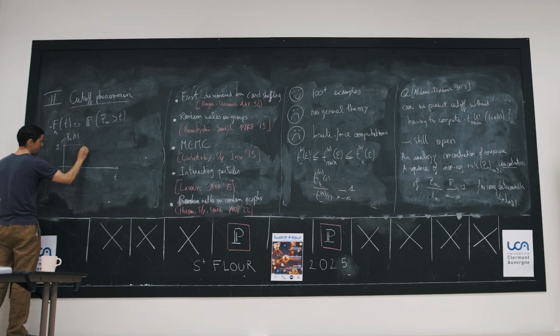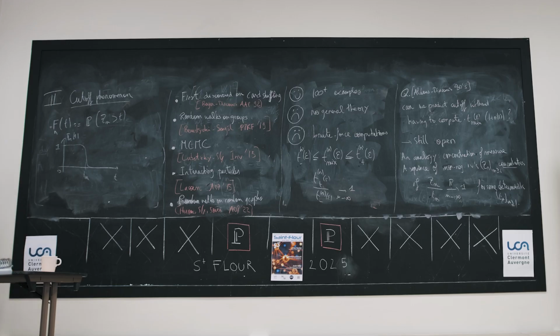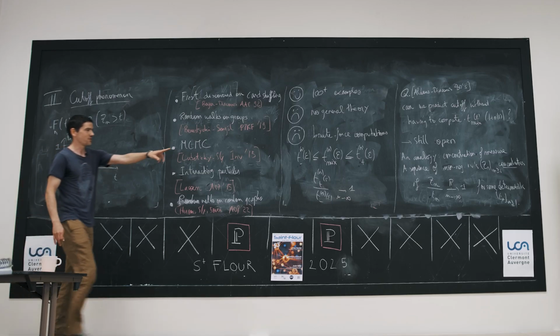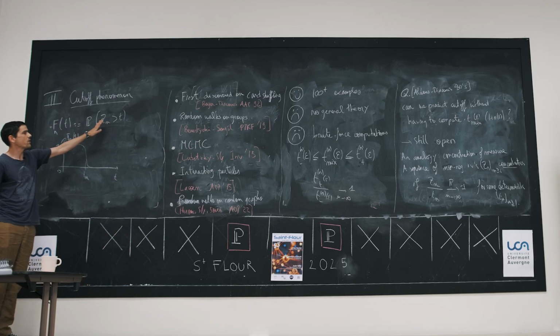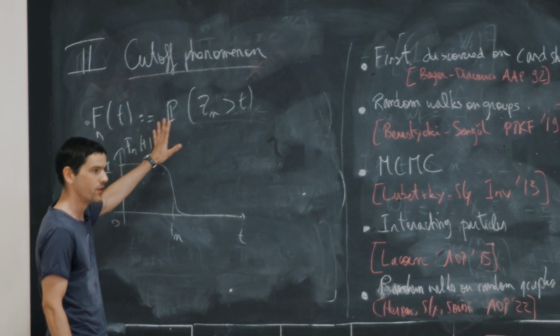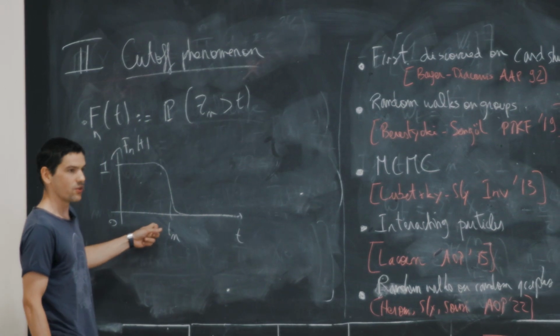And what you are saying is that the graph of this becomes more and more like a step function around this Tn. So at least at a formal level, it's exactly the same as this cutoff phenomenon. If you replace this tail distribution function by your total variation distance to equilibrium, then this definition of concentration of measure is the same as the cutoff.